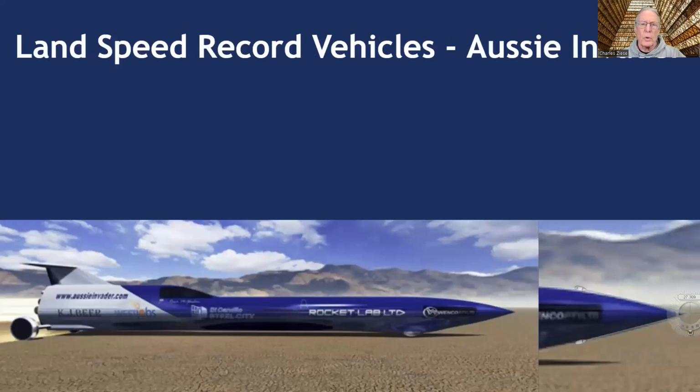Land speed record vehicles now. I decided to look these up, and we're going to see about 5 examples, I think. These are all different categories of vehicles that have set or attempted to set world land speed records for land-based vehicles. And this first one is called the Aussie Invader.